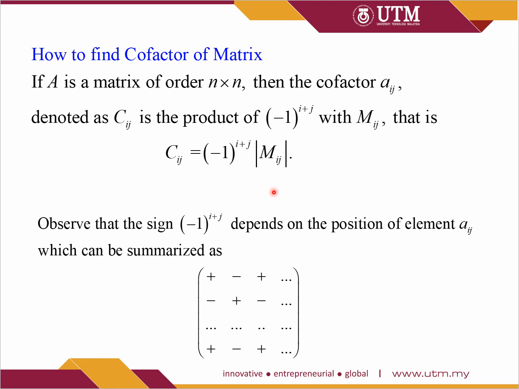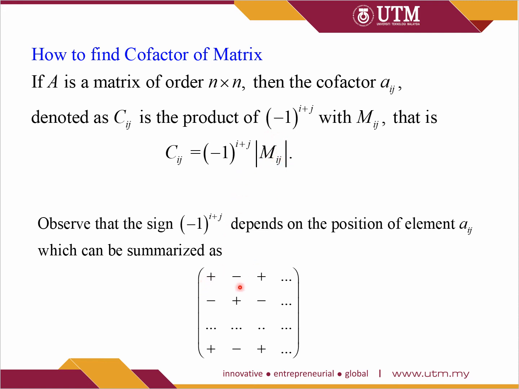So it can be summarized that for A11, it will be -1 to the power of 1 plus 1, which is positive, times the minor.